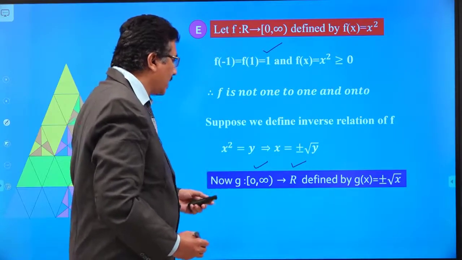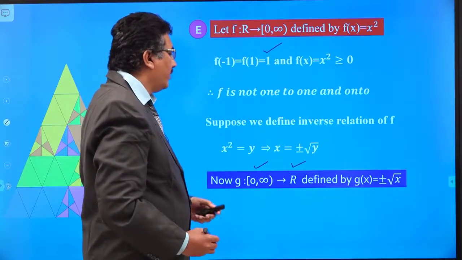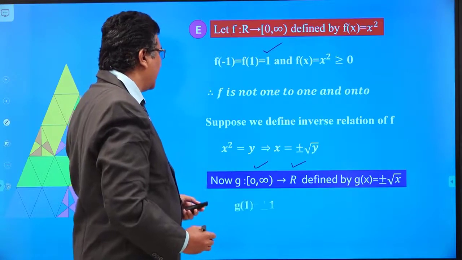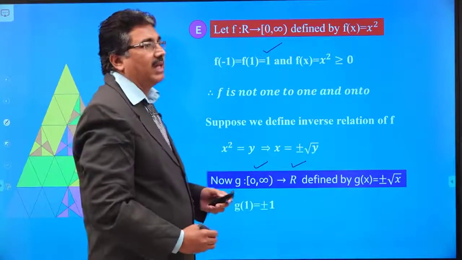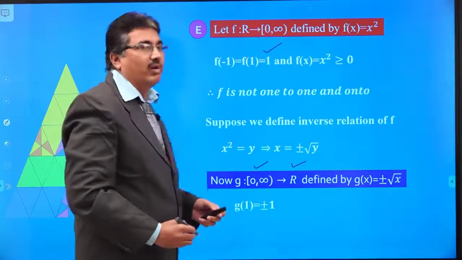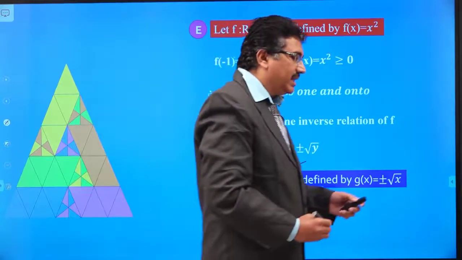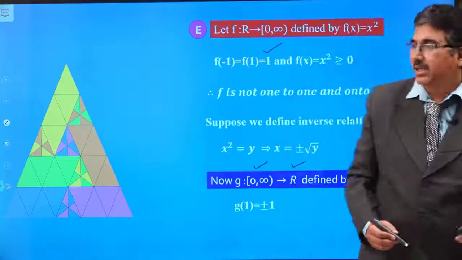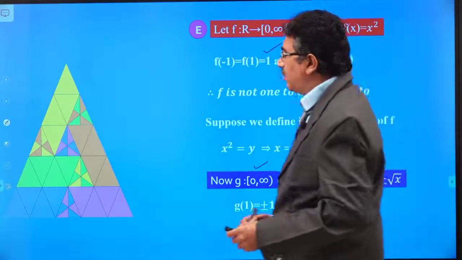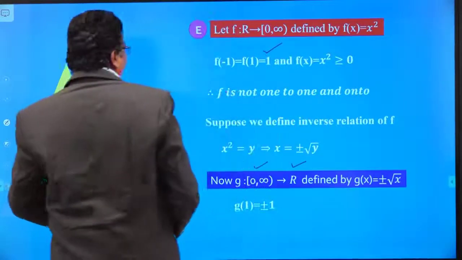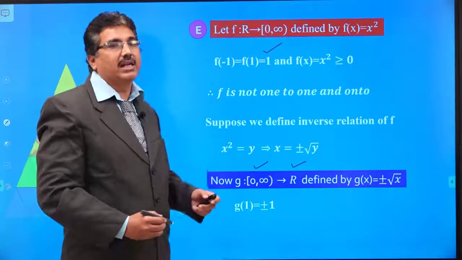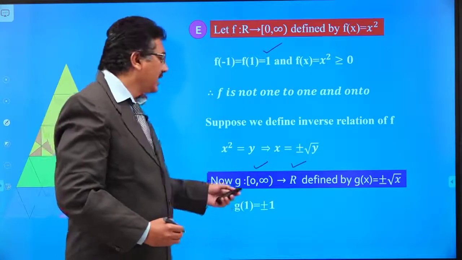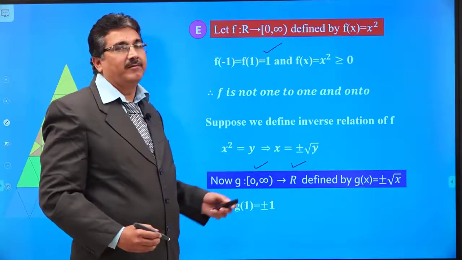For that, we find g of 1, that is equal to plus or minus 1. 1 has two images in the codomain. Every function is a single valued function, so this is not a function.